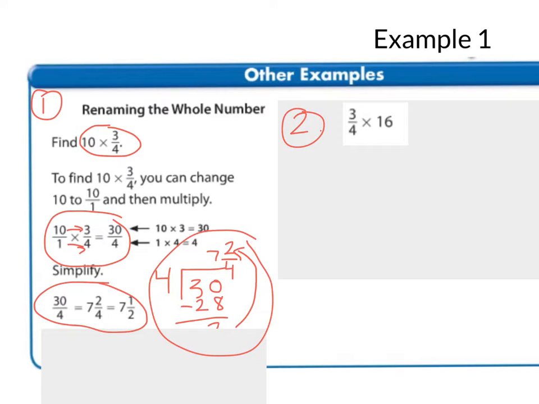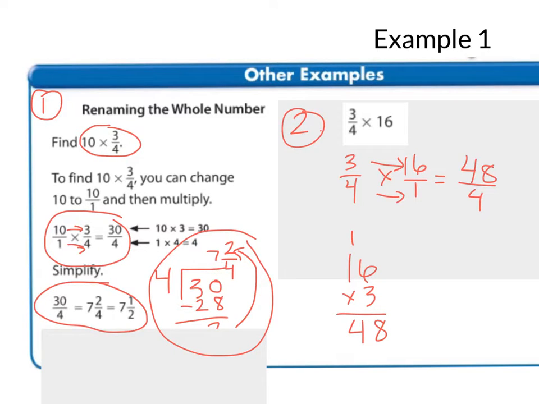Moving on to example number 2, 3/4 times 16 wholes. I'm thinking, how can I rewrite 16? I see over here that they put a 1 underneath. I'm going to do the same thing. 16 times 3 and 4 times 1. I know 4 times 1 is 4. 16 times 3, that's 48.